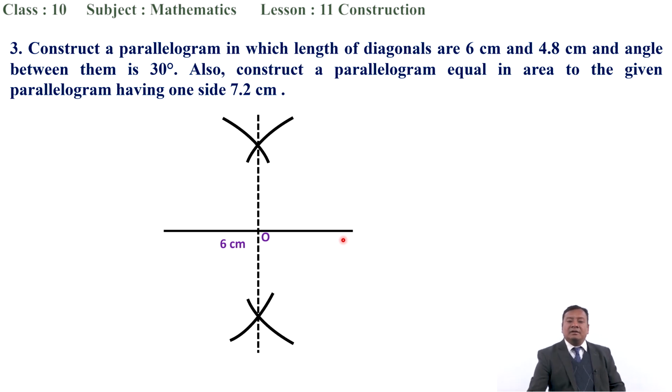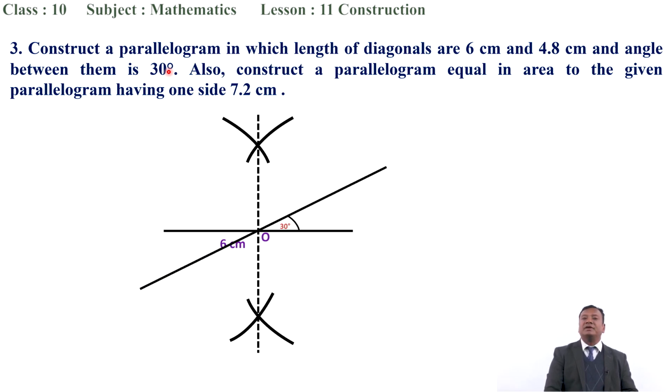Then at this point O, we have to make the angle which is given as 30 degree, and you know well how to construct a 30 degree angle. So at point O, make 30 degree. We know that the diagonals of a parallelogram bisect each other.